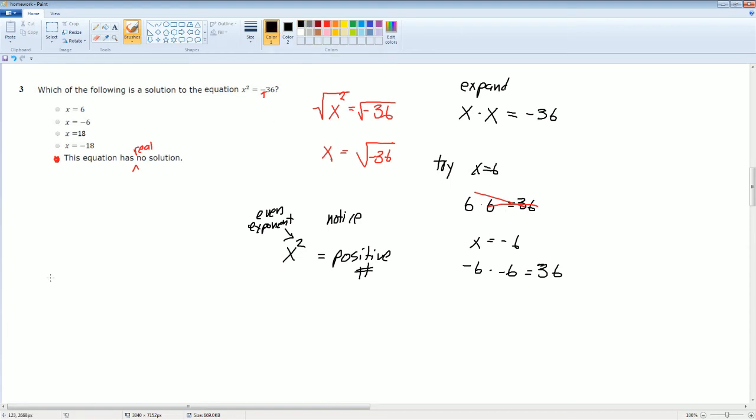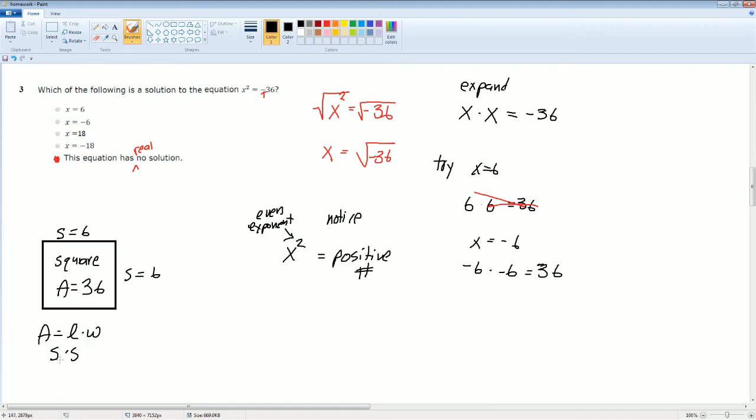Let me bring it now into some geometry. Okay, so we know that x squared is represented by a square. Okay, this is just a square. And the area here, let's say the area here is 36. We know that the side here is 6, and we know the side here is 6 because the area is length times width, so it's side times side, which is equal to 6 times 6, which is equal to 36.